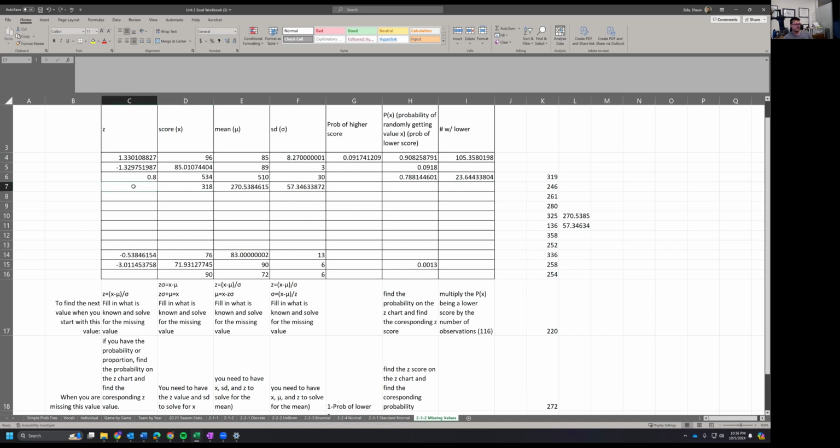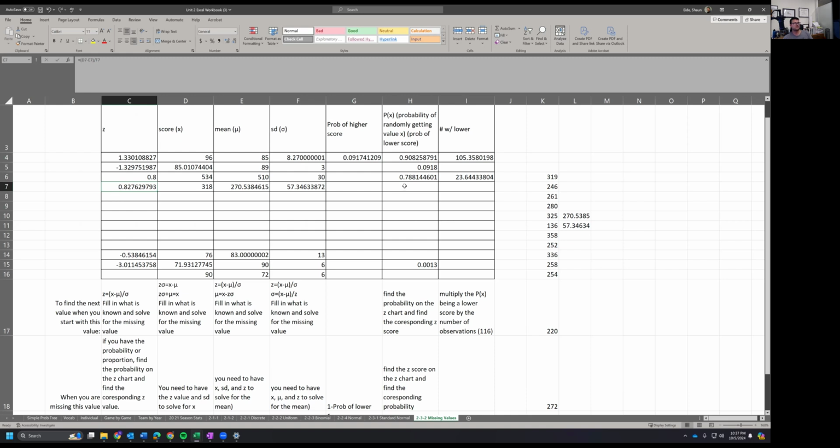So let's calculate the z-score. Equals x minus the mean, divided by the standard deviation. So we've got a z-score of 0.8276.